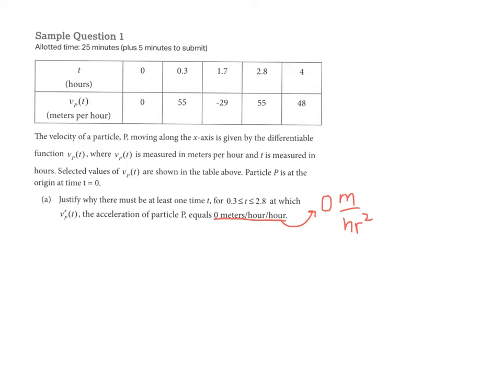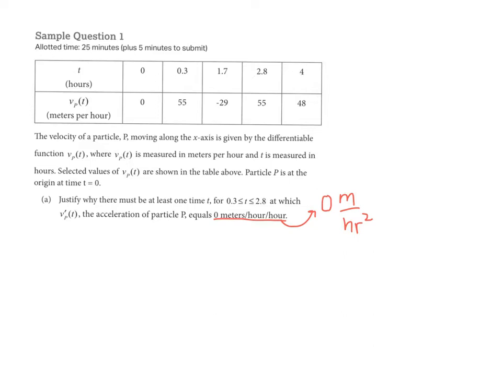So if you see a problem like this, I want you to recognize that it usually is one of three things. The most common are either the mean value theorem, the intermediate value theorem, or a little bit less common but not unheard of, the extreme value theorem.